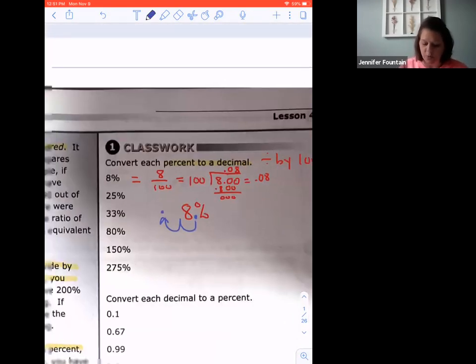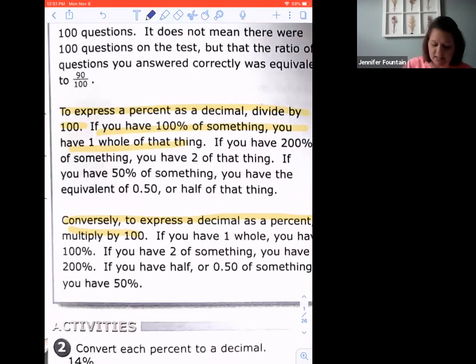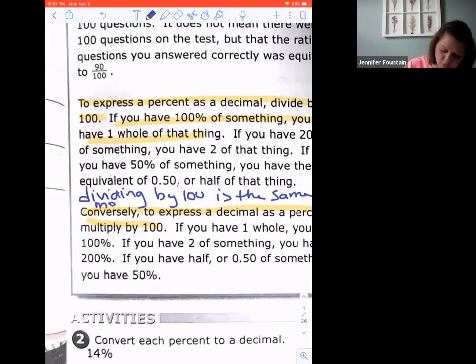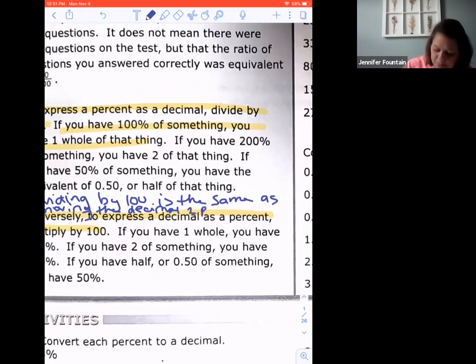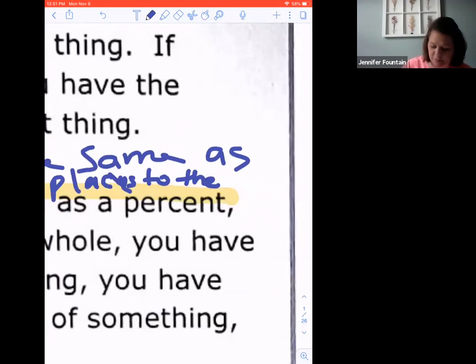Okay, so I want you to go ahead and make a note right underneath: to express a percent as a decimal, dividing by 100 is the same as moving the decimal 2 places to the left.